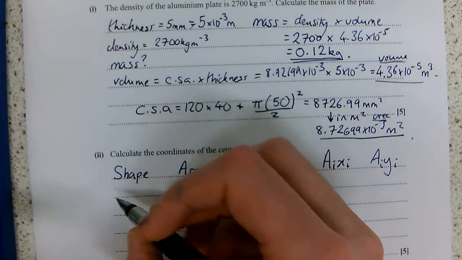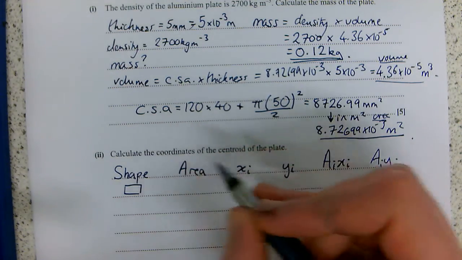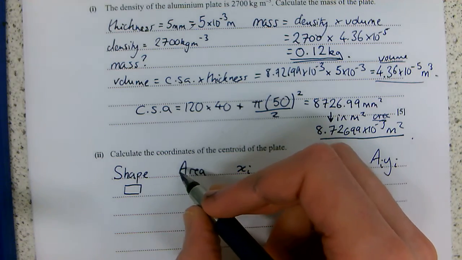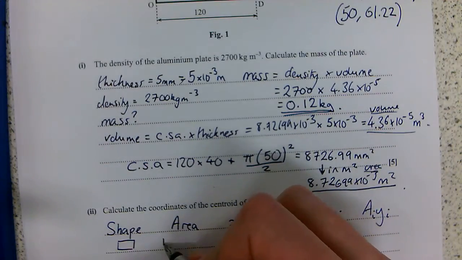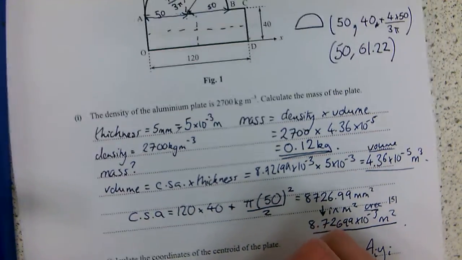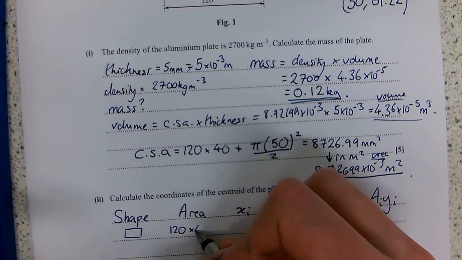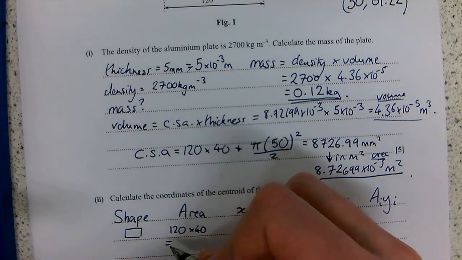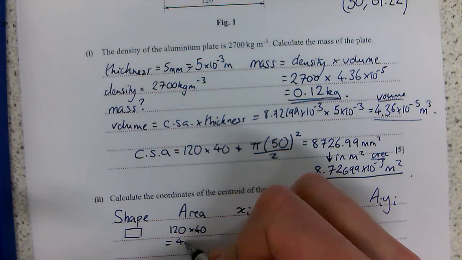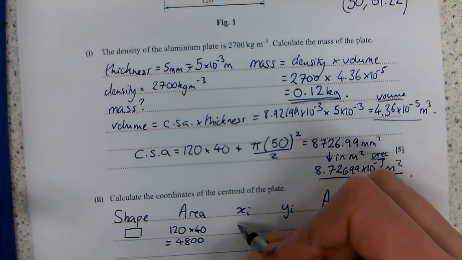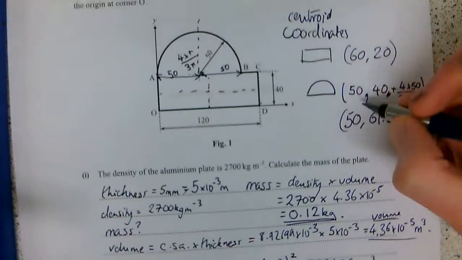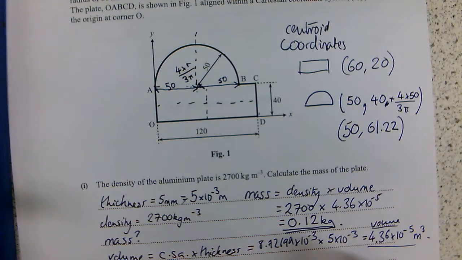So our first shape is going to be the rectangle. The area of our rectangle is 120 by 40. So that is going to be 4,800. The x centroid we've just found, it is 60. The y centroid is 20.